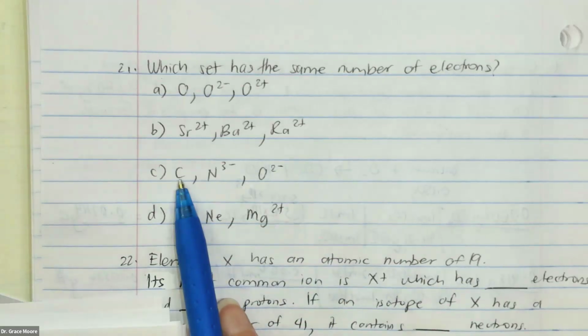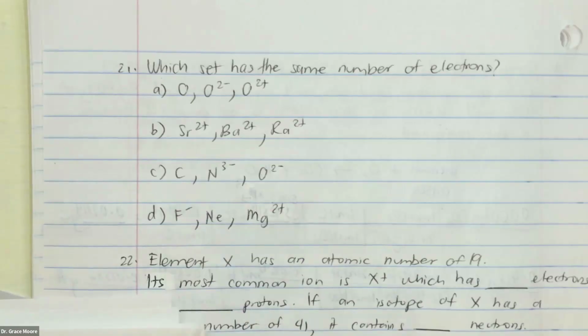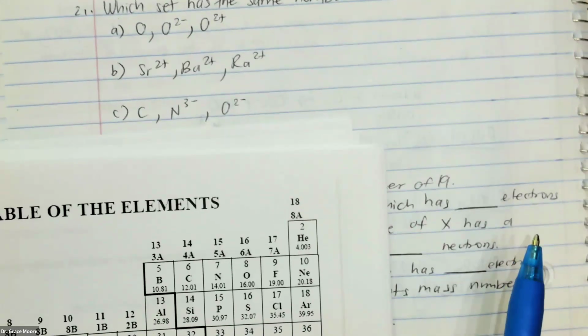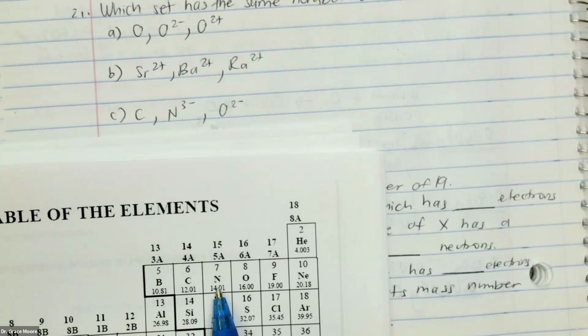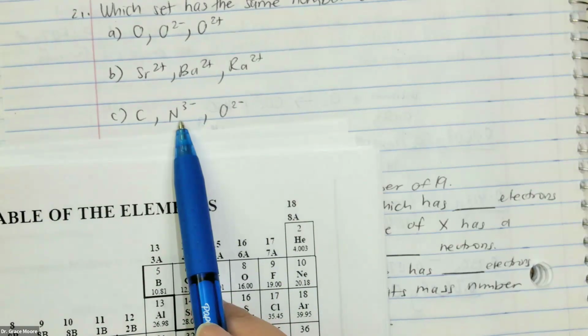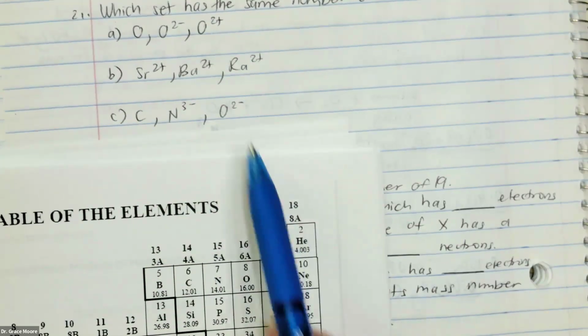Okay, let's look at carbon. Carbon is neutral, so it'll be 6 protons, 6 electrons. And then nitrogen, in this case, would be 3 negative, so 7 plus 3, it will have 10 electrons. This has 6, this has 10. Oxygen, 8 plus 2, also has 10.